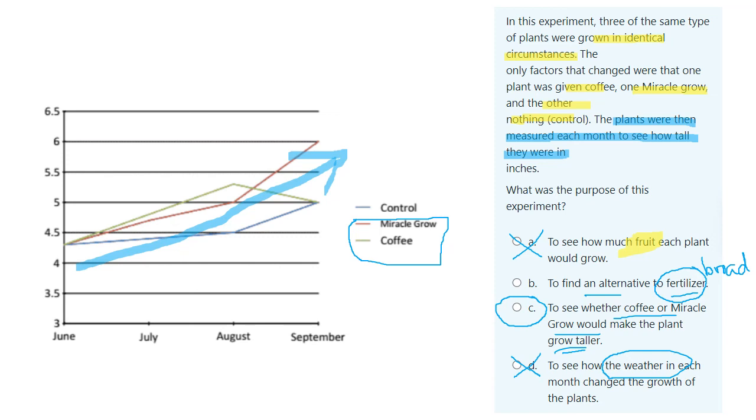Now let's just talk about this question a little bit more. You'll see that there is a control here. A control means nothing extra is added. This is what normally happens. So the control line is the one that grows here. So we can see that adding coffee and Miracle-Gro, both of them improve what normally happens.